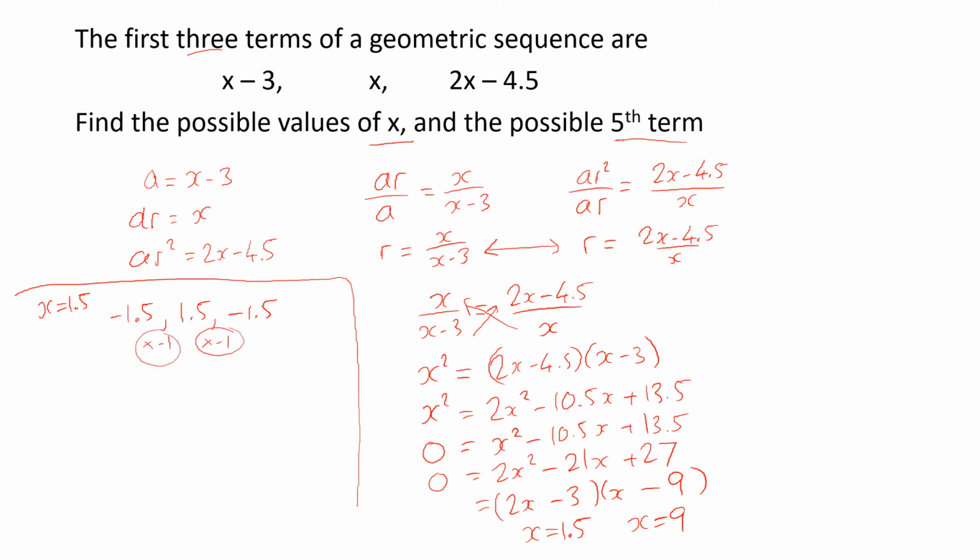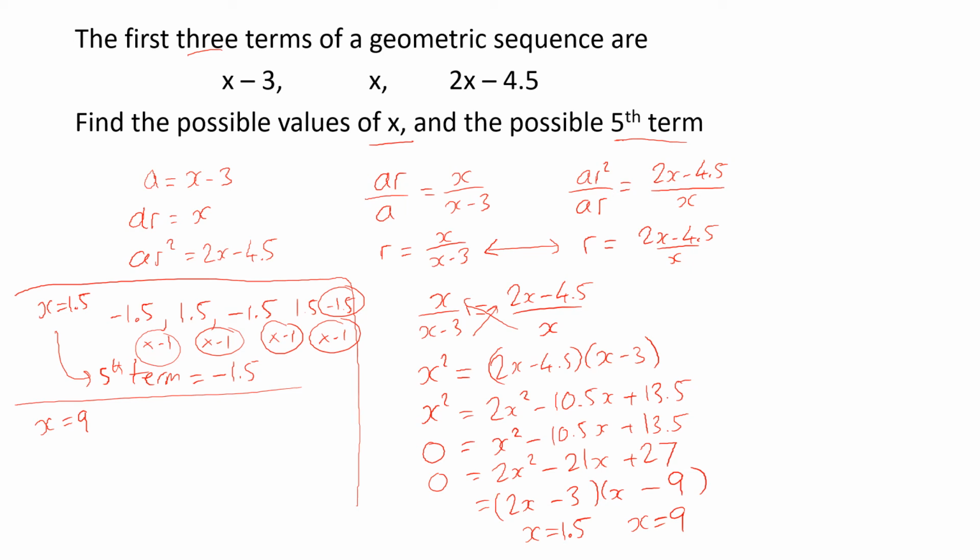And if we wanted to work out the 5th term, we could just multiply by minus 1 a couple more times, and we'll end up back to 1.5 and then back to minus 1.5. So in that case, that would tell us that the 5th term is minus 1.5.